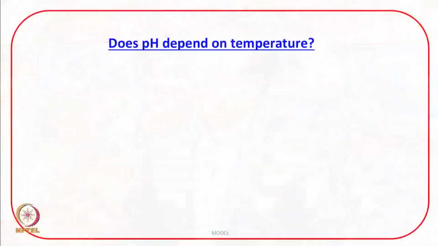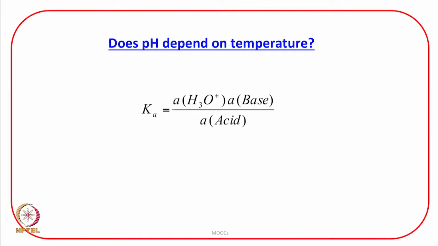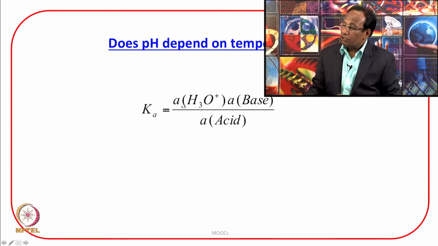Let us go to the slide. The question is, does pH depend upon temperature? For this we need to take a look at the expression for the acidity constant, which we defined as the activity of hydronium ion times the activity of the base divided by the activity of the acid.